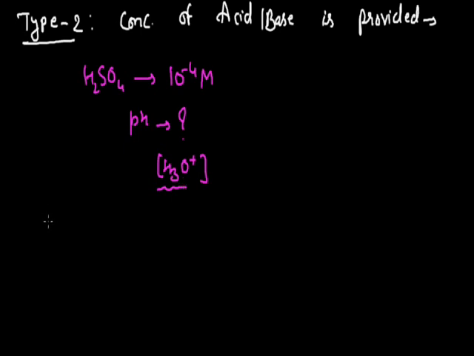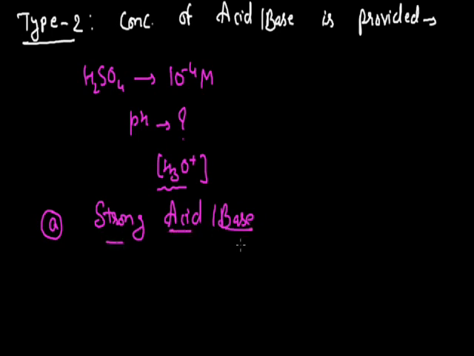So we will divide this category into 2 parts. In the very first part we will deal with strong acids and strong bases, where the concentration of strong acid or strong base is given to you and you are asked to calculate the pH or pOH of the solution. In the second part, we will calculate the pH of those solutions which contain a weak acid or weak base.